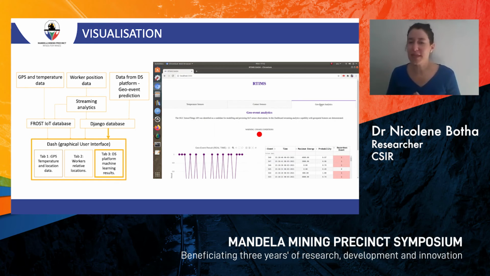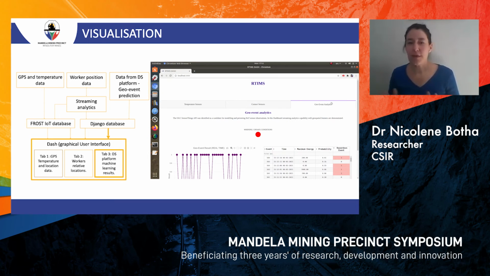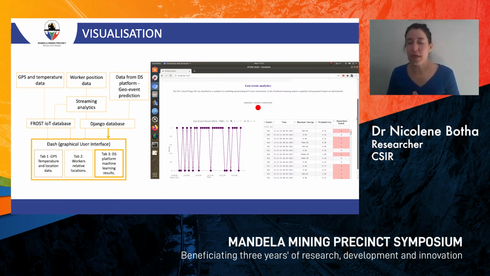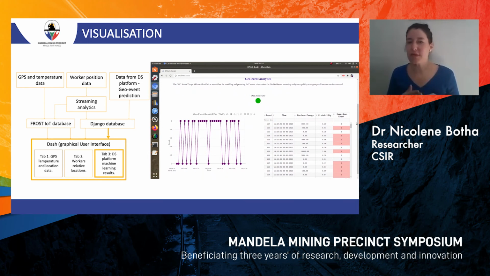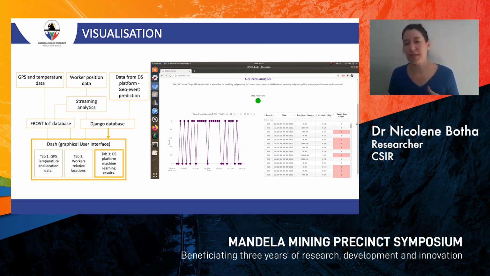Finally, the prediction results from the data science platform are shown in the third tab. When a geo event is predicted, a 1 indicates that an event will occur, and a 0 indicates that the probability of an event occurring is very low. So in this figure below, you will see there are zeros and ones showing the absence or the presence of a seismic event that will occur.